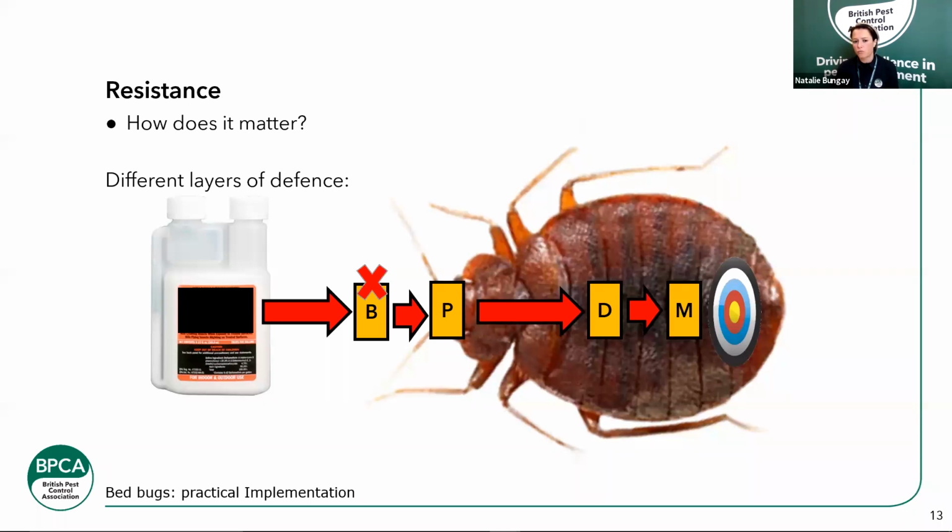Now, the first one, I've got a red cross on it, you'll probably see, and that's because bed bugs don't overly display this at the moment. But just for interest for you, the B stands for behavioral resistance, and basically this is where the pest behavior fundamentally changes, so that it avoids pesticides. It's been seen with some mosquito examples apparently, where they just stop coming inside.